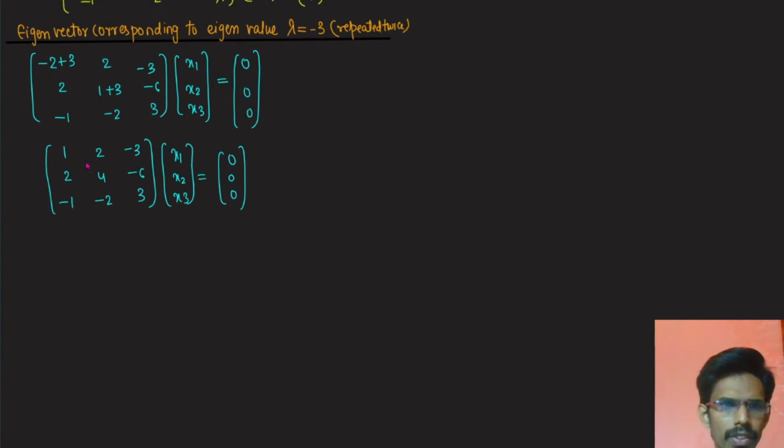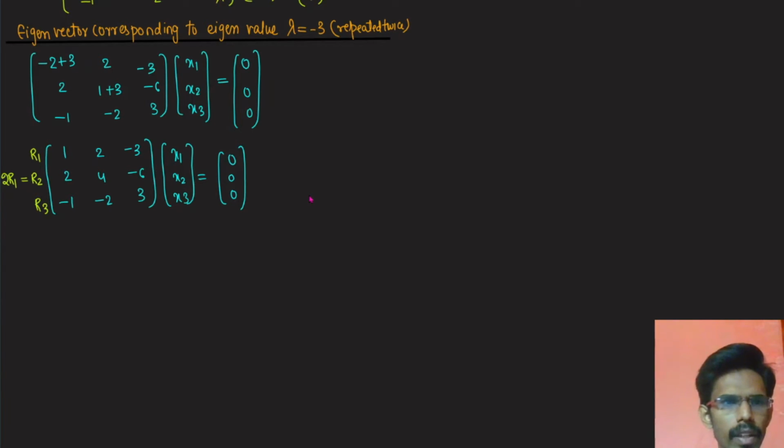Now carefully observe this system of equations. See here we have row 1, row 2 and row 3: first row, second row and third row. Row 2 is double, that is twice of row 1, correct? 2 4 minus 2.